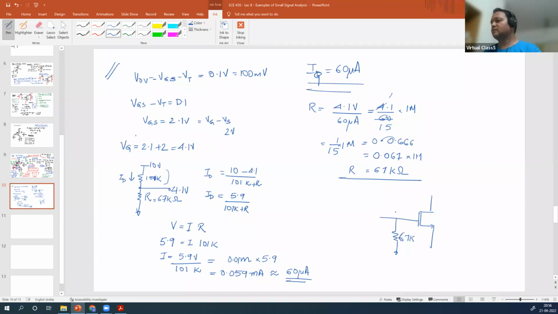67K, 100K, 1K. Here, if you apply a DC bias and apply the voltage input here, now you can perform the analysis with lot more simplicity.